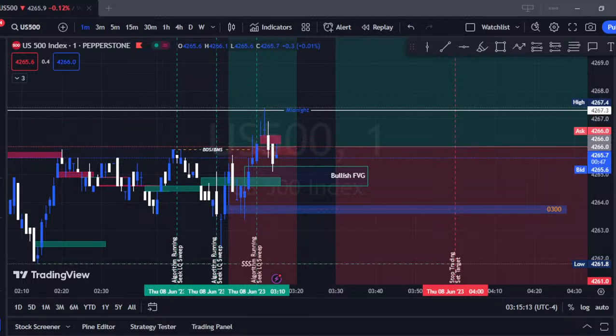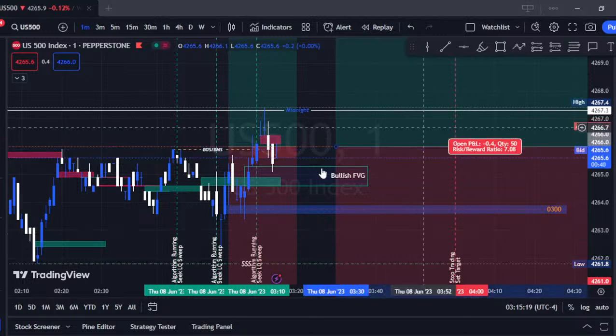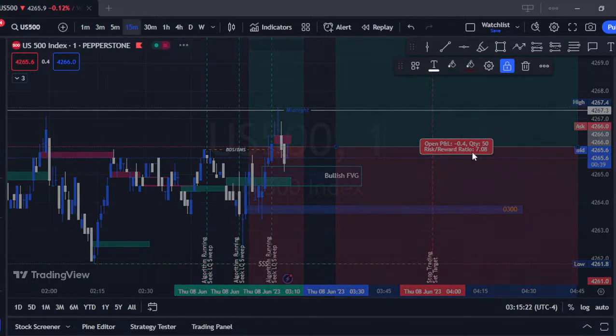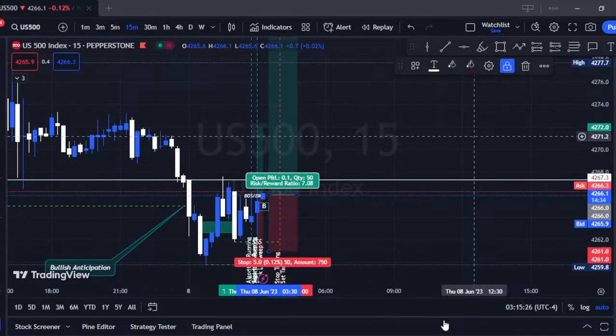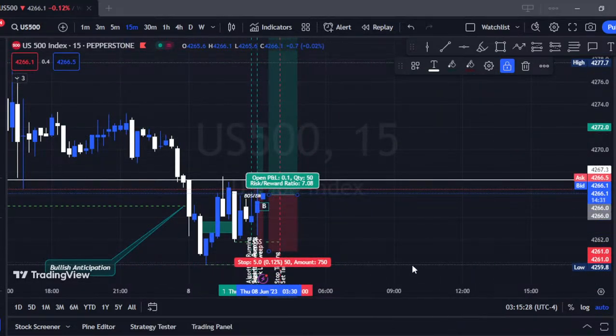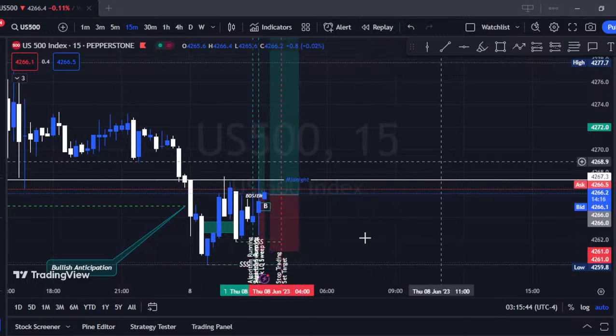I'm going to also add one more position to target this one on the higher time frame. It's on 300. Okay, target set. Oh, I forgot to set the stop loss first.